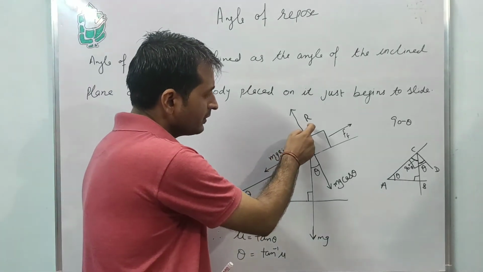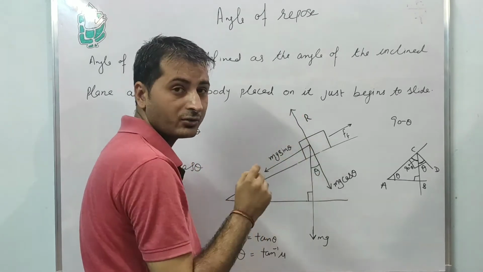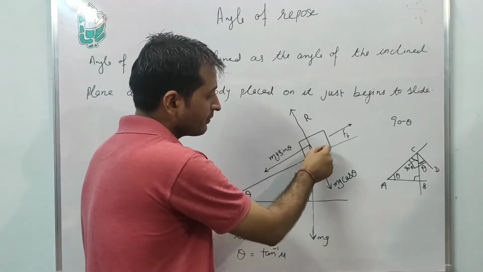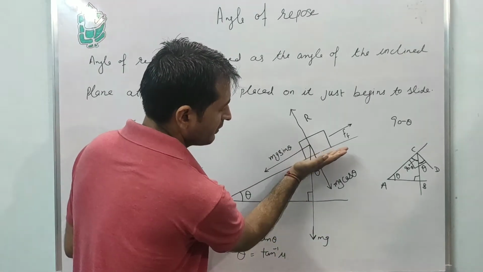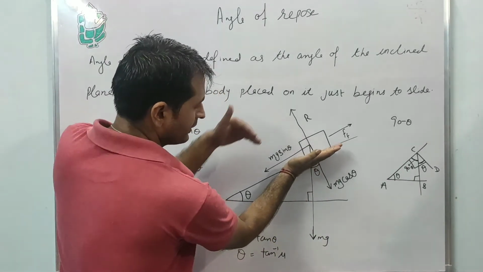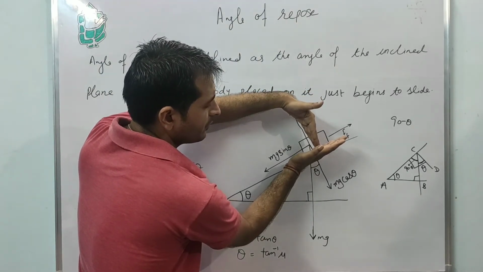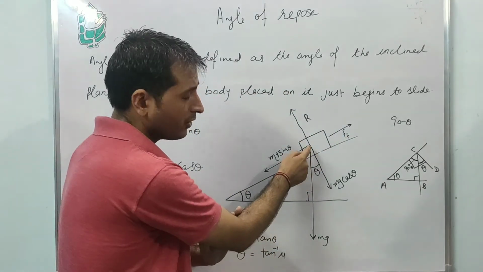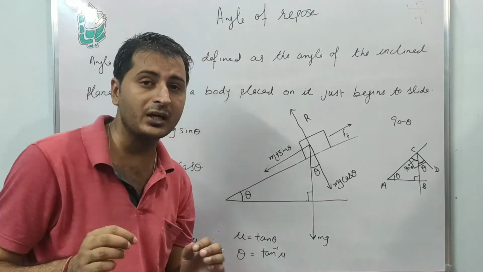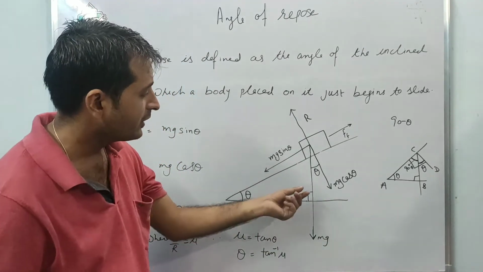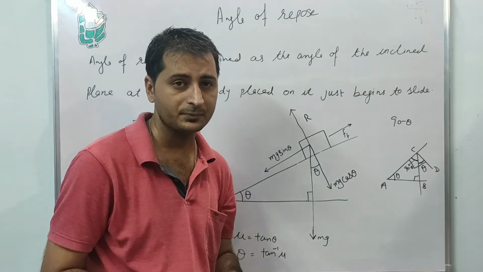The normal reaction R is along the normal to the surface of contact. Means if the surface is inclined like this, then the normal reaction will be like this. And the opposite component will be toward this direction, which is mg cos theta, and mg cos theta and R are equal to each other.